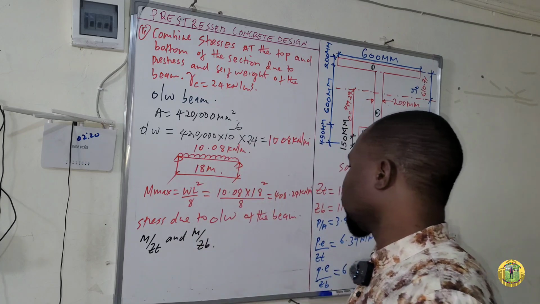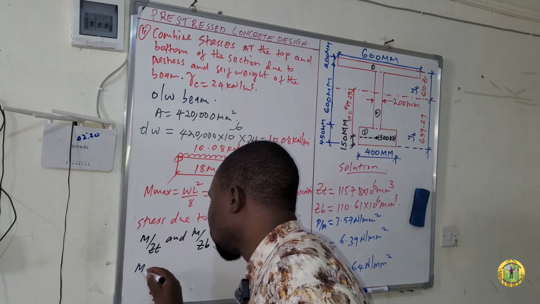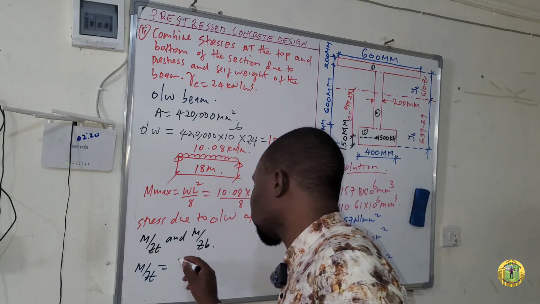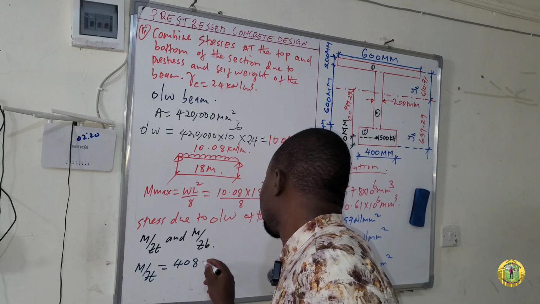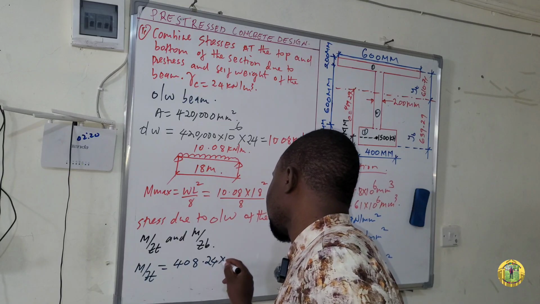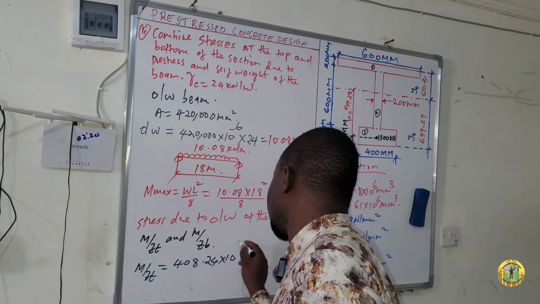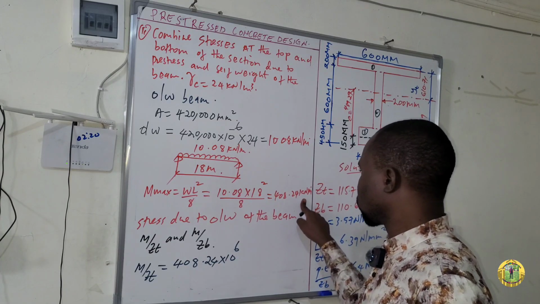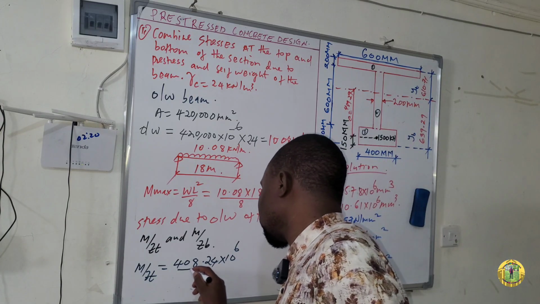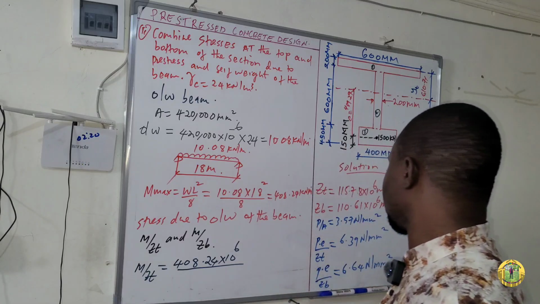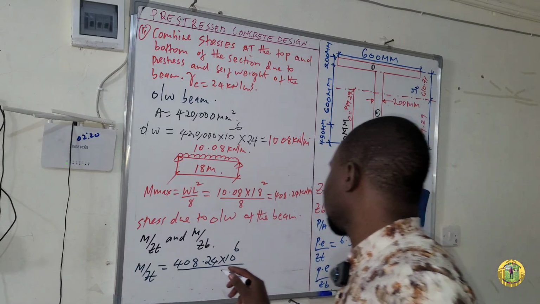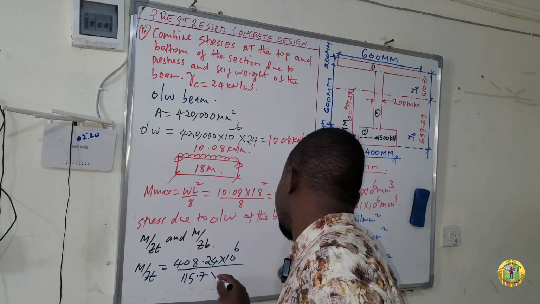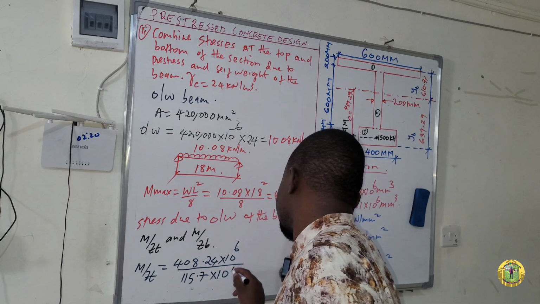Let's begin with M over Z top, which is equal to M, 408.24 times 10 to power of 6, changing from kilonewton meter to Newton millimeter, all over Z top, which is 115.7 times 10 to power of 6.